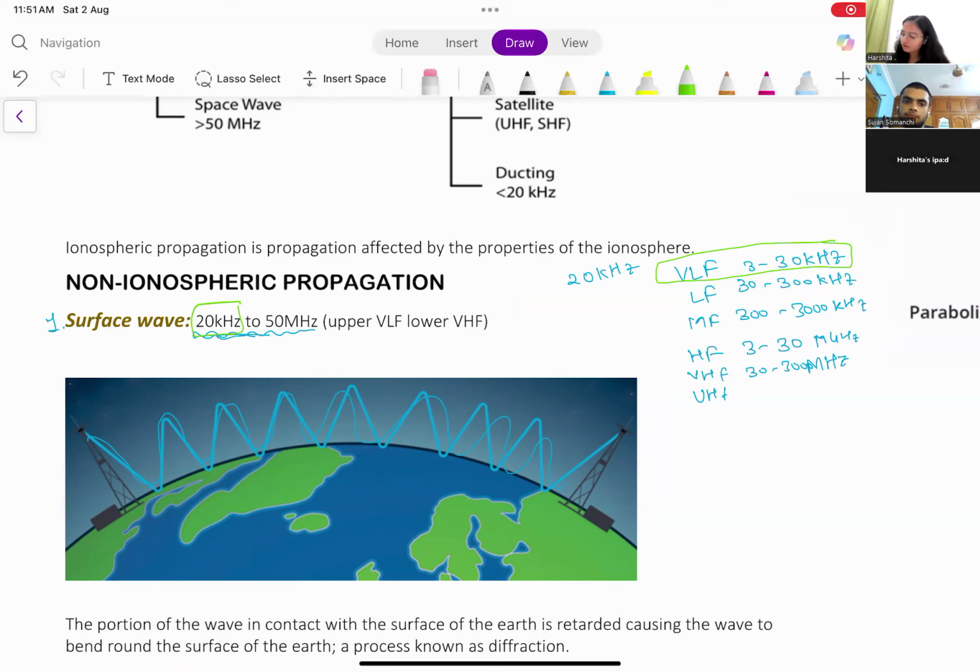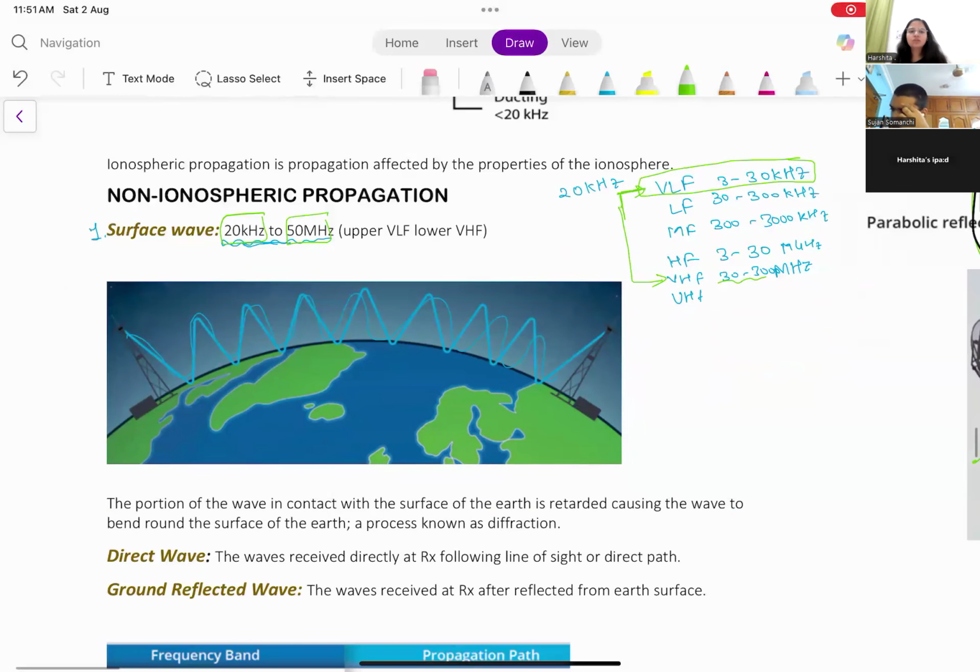So we are starting to use our ground waves from VLF frequency and we are going till 50 megahertz. 50 megahertz means somewhere between this 30 to 300 megahertz. So we are using these frequencies between VLF and VHF, upper VLF and lower VHF. This is the frequency we are going to use for the surface waves. Okay?